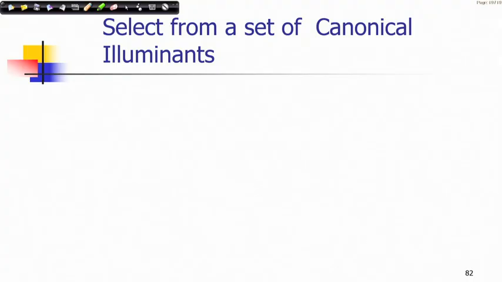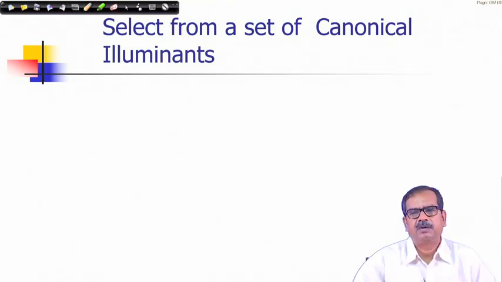The other kind of approach could be that instead of accumulating the responses of the perceived specularities in pixel reflections, we can consider some kind of data driven approach.